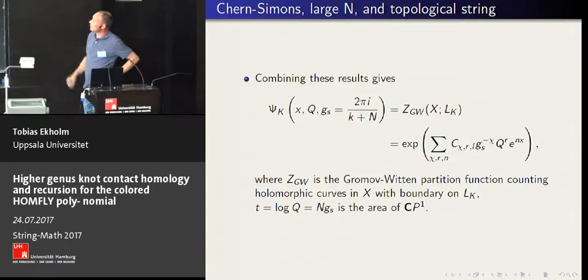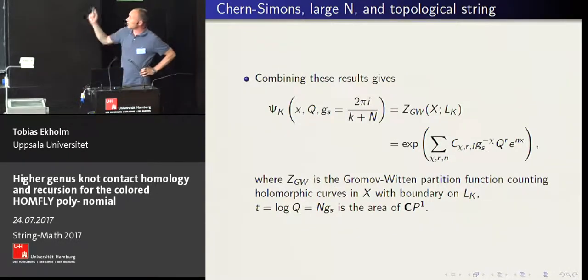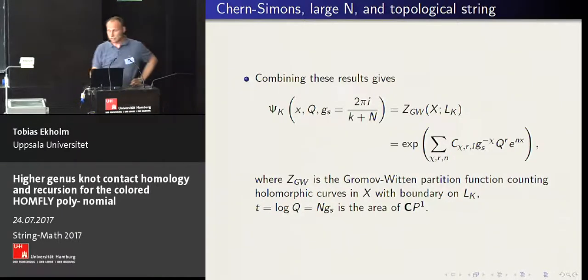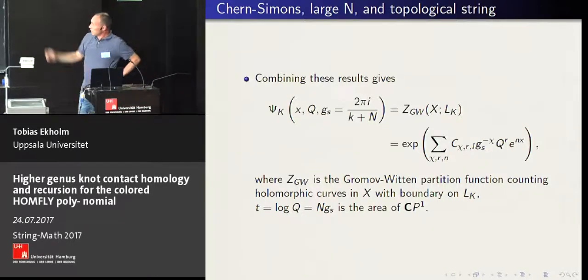And here is the relation between the variables that I was talking about. So first, the string coupling constant is related to the level of the Chern-Simons theory, and then the area of the central P1 in the resolved conifold is given by N times g_s.